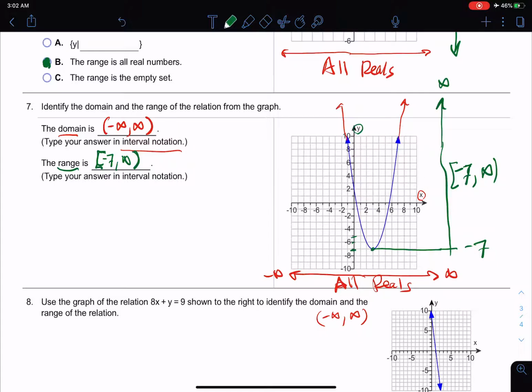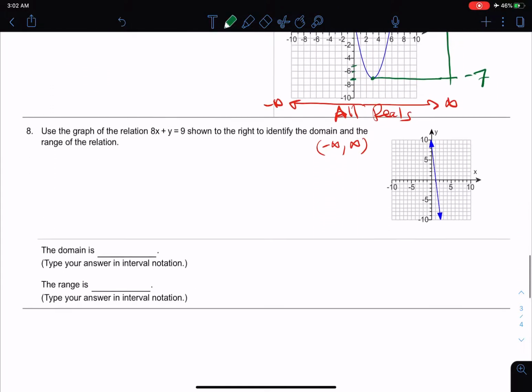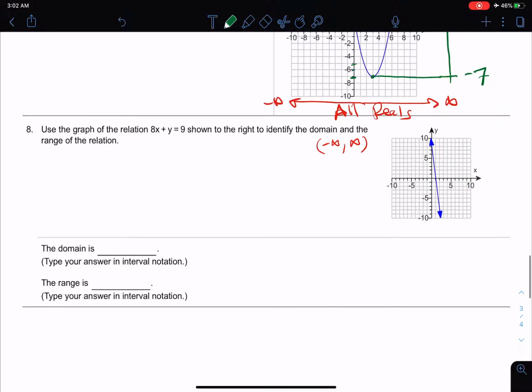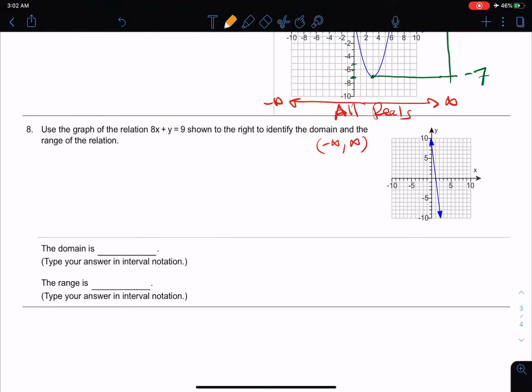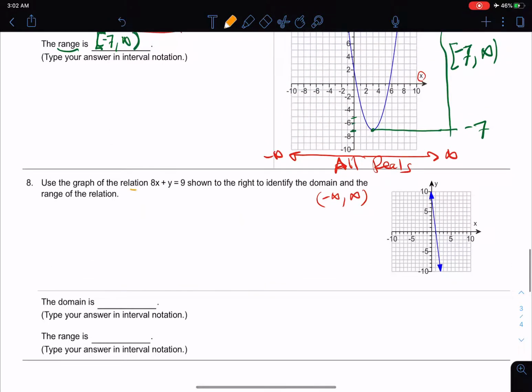Okay, so next up, number 8. Use the graph of the relation. I'm going to just talk about that relation again real quick. Remember, what is a relation?